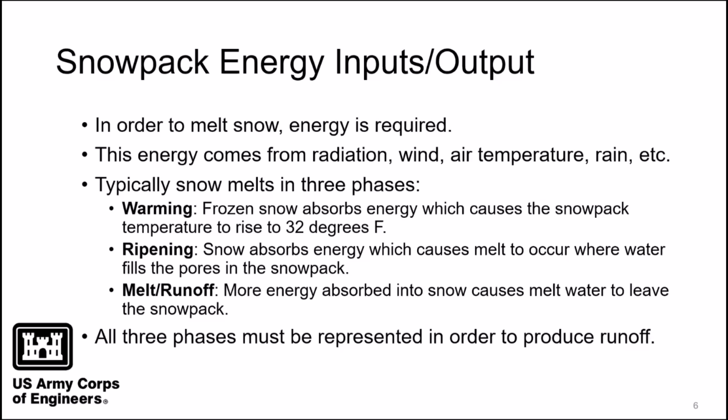So the snow typically melts in three phases. First, it needs to get to the melting temperature, which is 0 degrees Celsius or 32 Fahrenheit if you must. After that, the snow starts to melt, but it's a bit of time before any of that water becomes runoff, because the snow can absorb and hold a surprisingly large amount of liquid water in its pores.